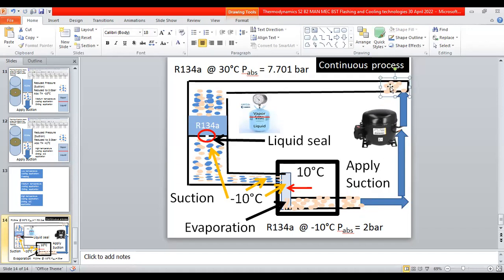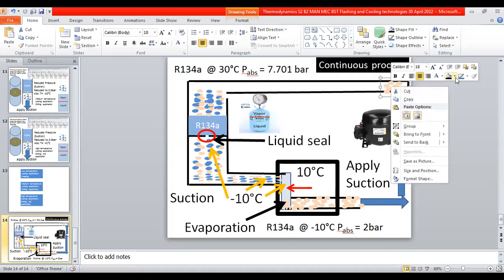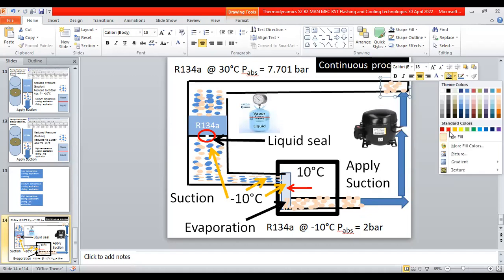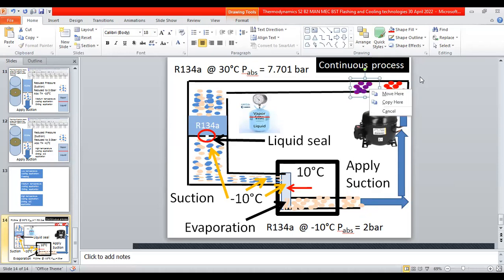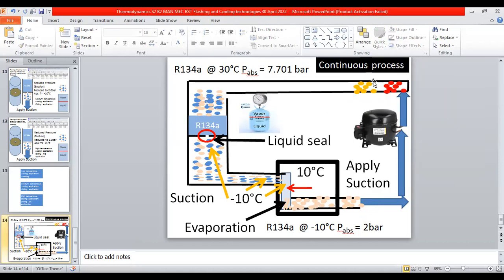You can see here, all high temperature. Then slowly cools down along this passage. Okay, slowly cools down and finally all turns into liquid here.